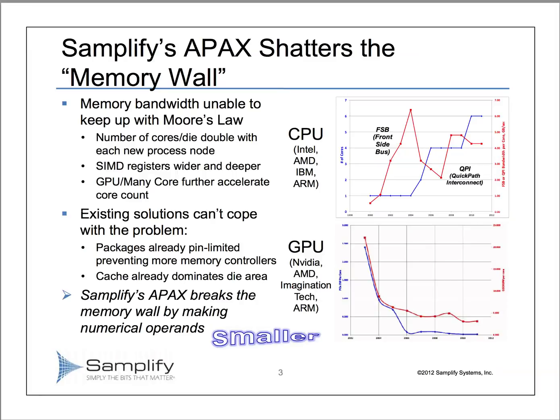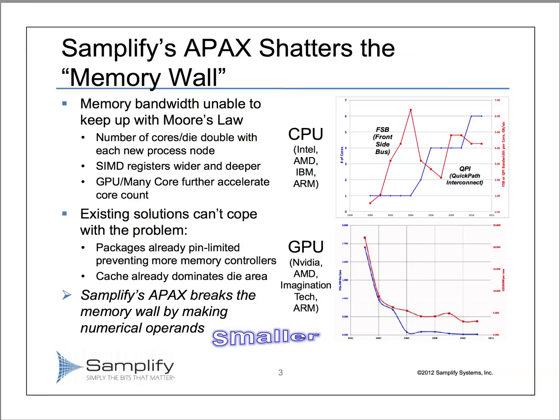So a 3 times increase in the number of cores with only a 33% increase in memory bandwidth. That's the memory wall. And the solutions to that are reaching their limits.